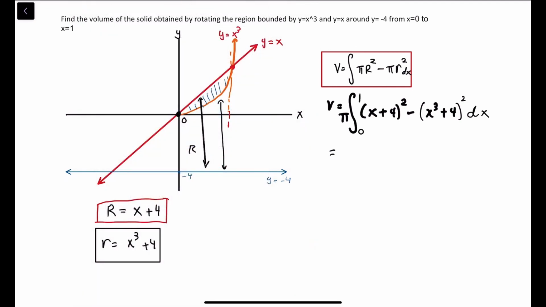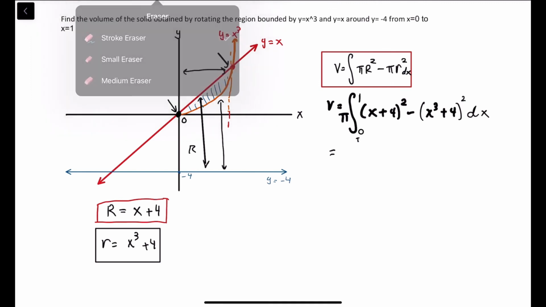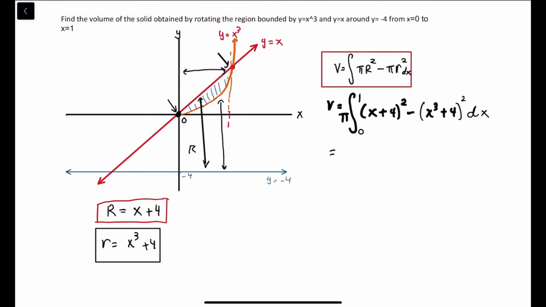So where I got that from is, here's 0, this is where they intersect, and here's where they intersect. So from here to here, I'm saying the integral is from 0 to 1. So the final answer you get after doing this would be 46 over 21 pi units cubed. Thank you all for watching, and I hope you learned something from this video.